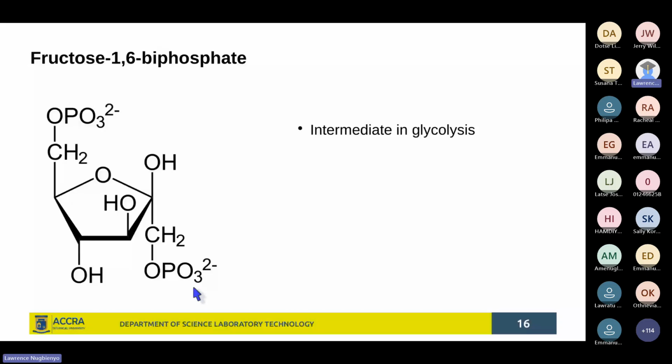So you have a phosphate group on the first carbon and on the last carbon, so that when the molecule is broken into two, each half has a phosphate group. The fructose 1,6-bisphosphate is an intermediate that you come across in the metabolism of carbohydrates, so that when you see it, you can quickly relate it to being a modification or derivative of a monosaccharide.